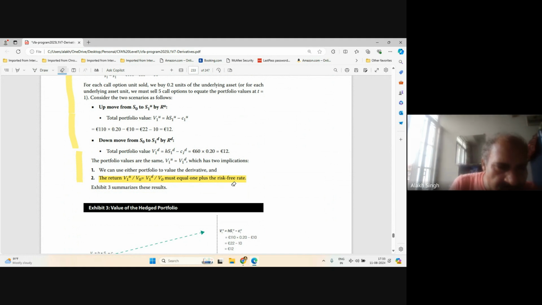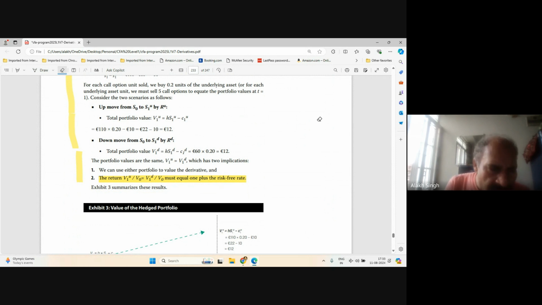So we have this. Now let's calculate the value. How much was V1U? We can use either portfolio value. So what will be the V1 value? The portfolio value V0 was H times S0 minus C0. That was the portfolio.